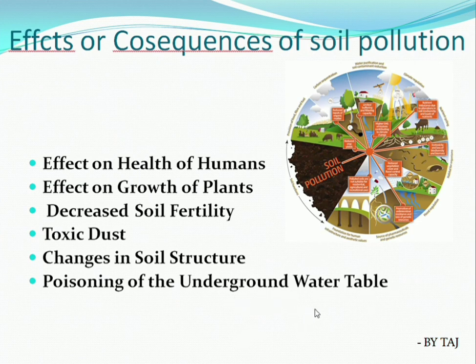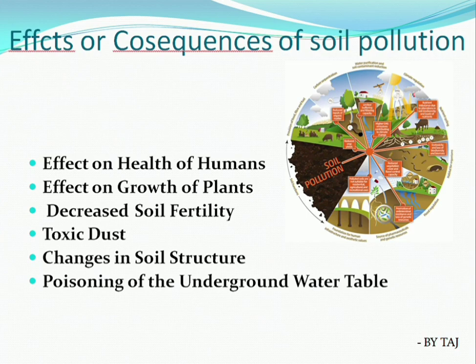So we have to be careful because of these kinds of effects we are going to face nowadays. If we increase this kind of pollution, we have to bear all these consequences. So we have to be careful about whatever work we are going to do.